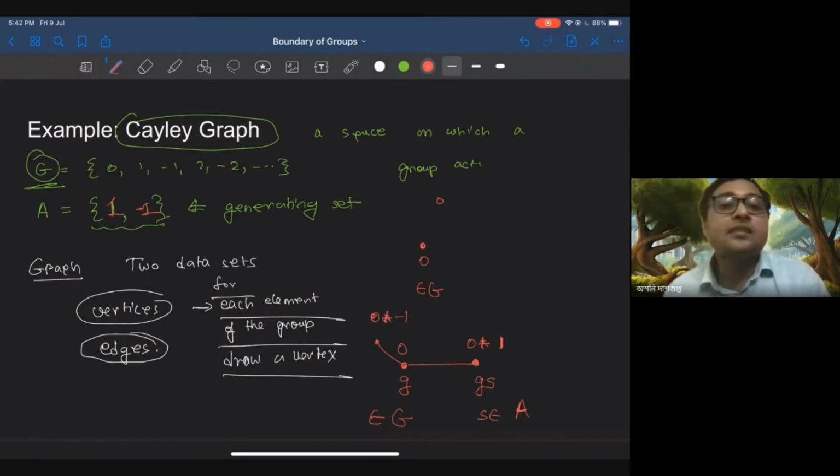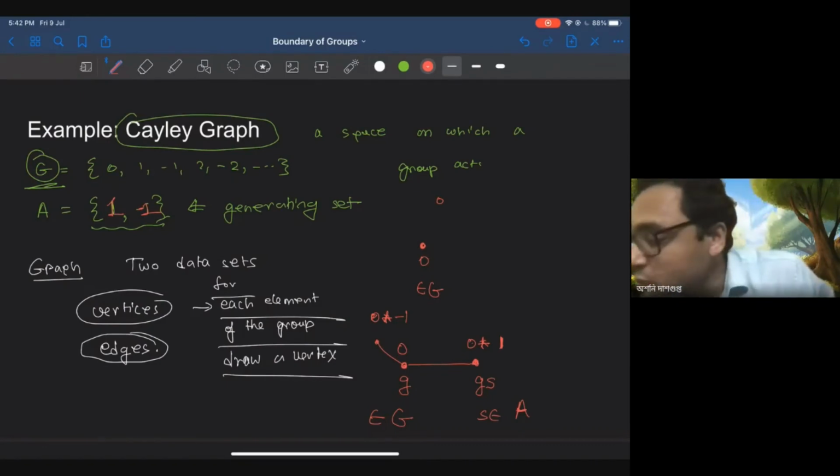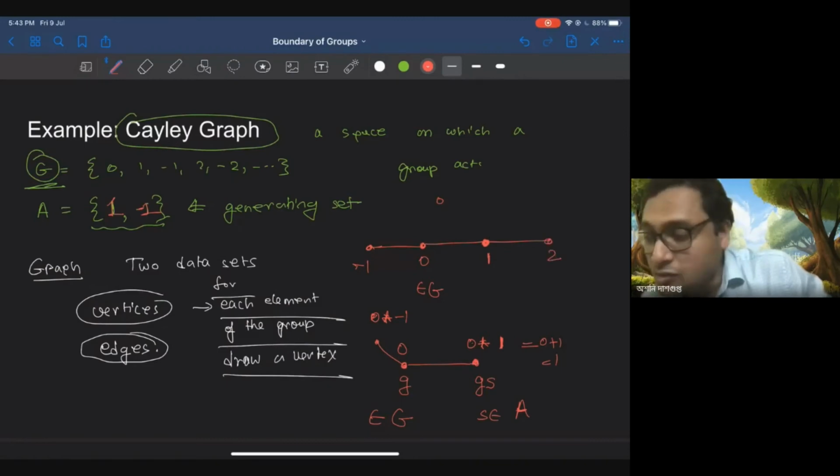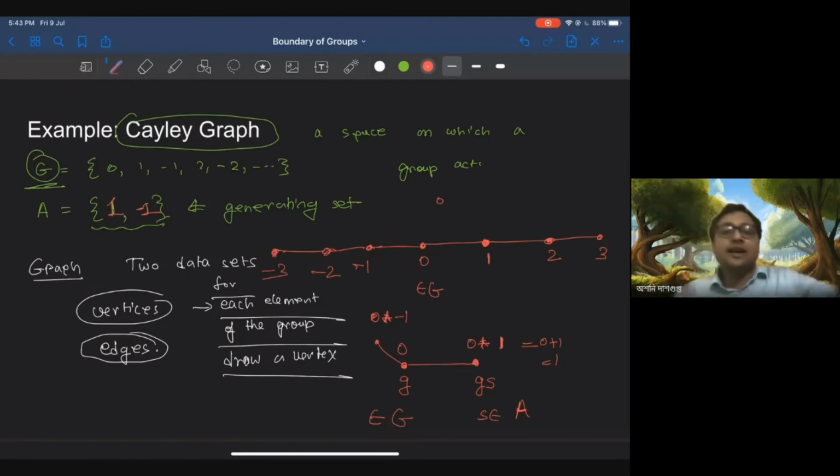Composing here means just addition. So 0 plus 1 is 1, and this is 0 minus 1, that is -1. Similarly, from 1, you can go to 1 plus 1, 2, 2 plus 1, 3, and so on, and -2, -3, and so on. You get a straight line with dots. It's like a real line you get. So this is the Cayley graph of G.